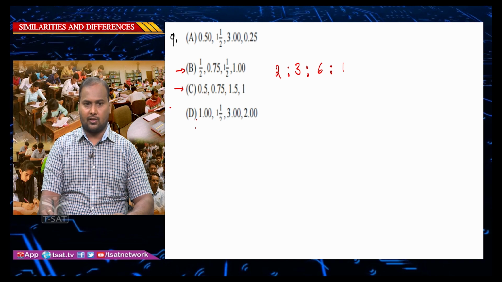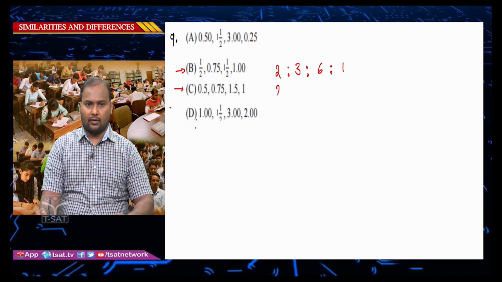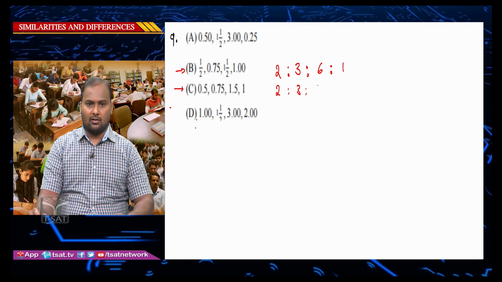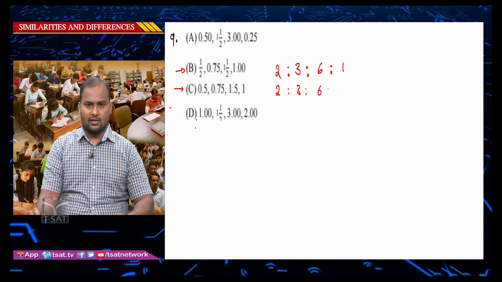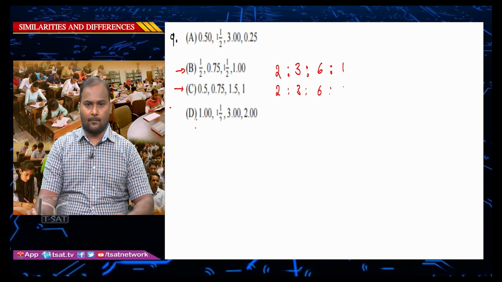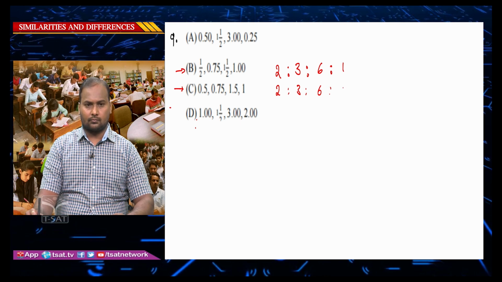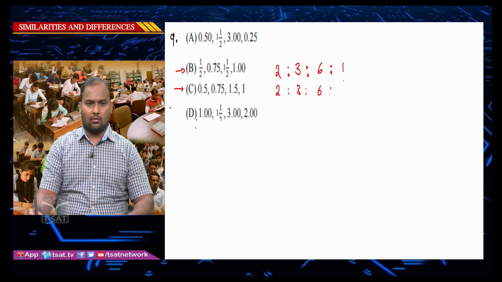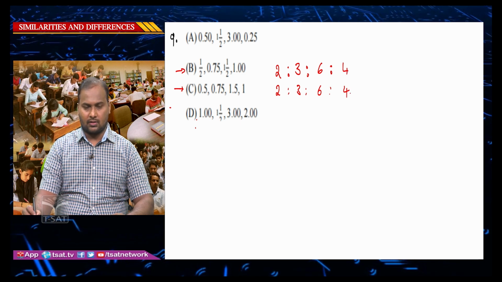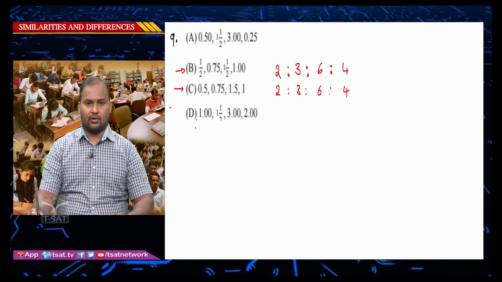In the same way, option B also: 0.25 into 2 is 0.5, 0.25 into 3 is 0.75, 0.25 into 6 is 1.5, and in the same way 0.25 into 4 is 1. So the ratio is 2:3:6:4. So that is the ratio.